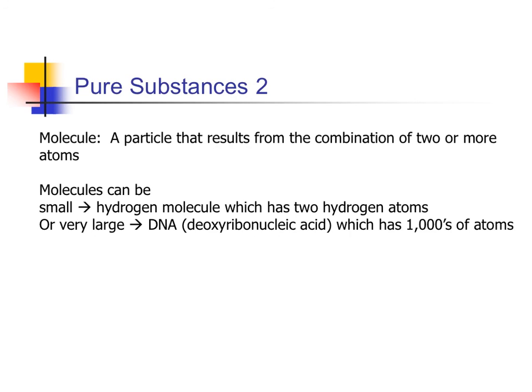Some compounds, such as DNA, it is a compound technically, but because it is so large, a different term that we use is a molecule. Because of how it behaves and how it acts, we look at that.